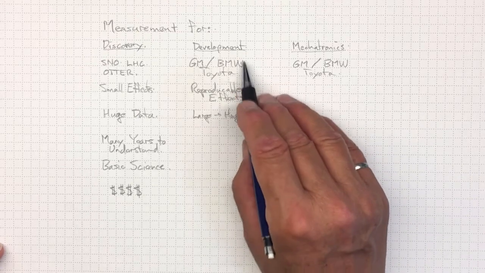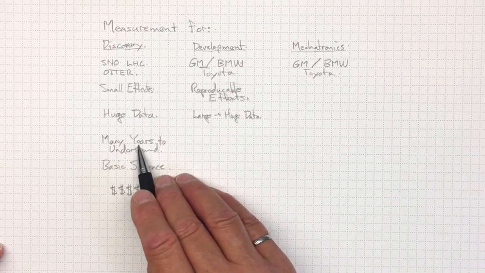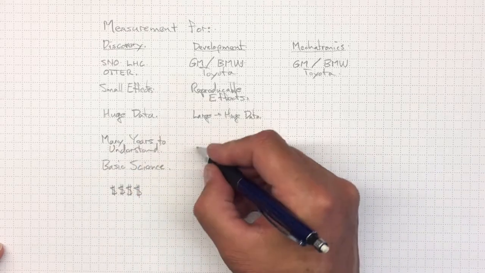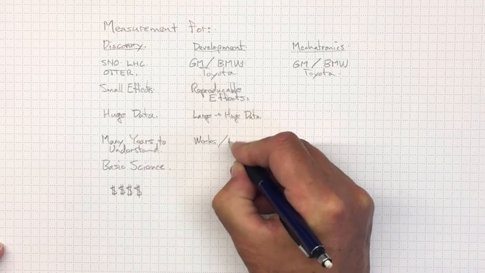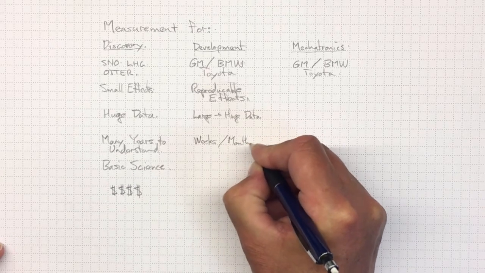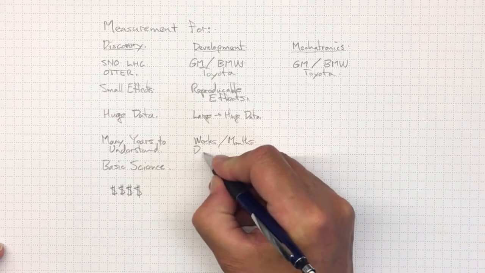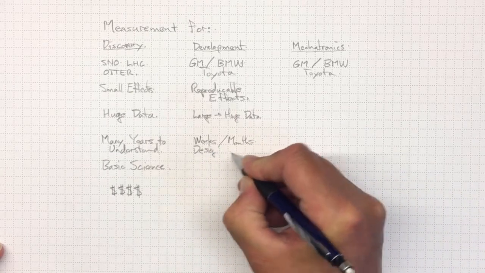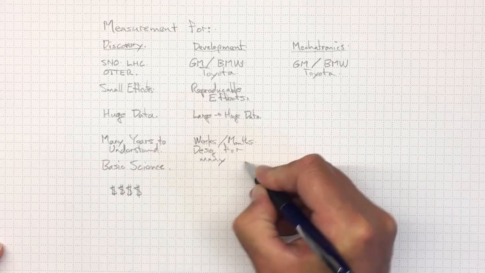And if we're in development, we've got a product that we've got to deliver to market on time, so we don't have many years to understand, but we've probably still got weeks or even months in our product development cycle to improve the design for many different cars.